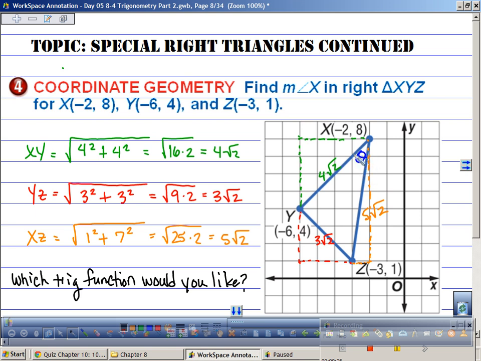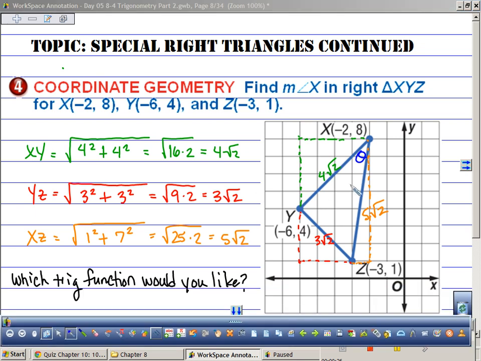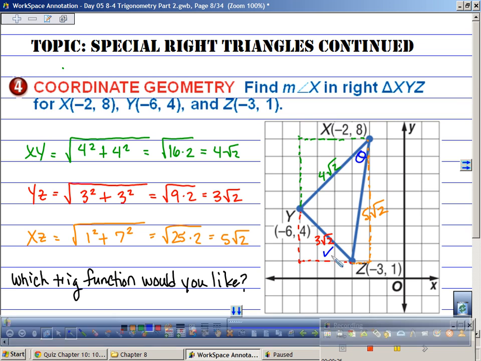So if we're trying to find this one, which one do you want to use? YZ. You want to use YZ? Okay, so check. We want that one. What other one? ZX? Okay.